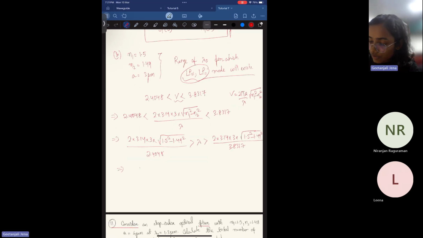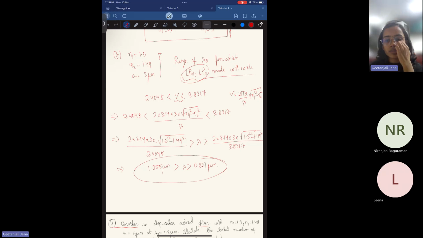So this will come around 0.851 and 1.355. So lambda should be greater than 0.851. So just practice this type of problem, so that your concept is clear.